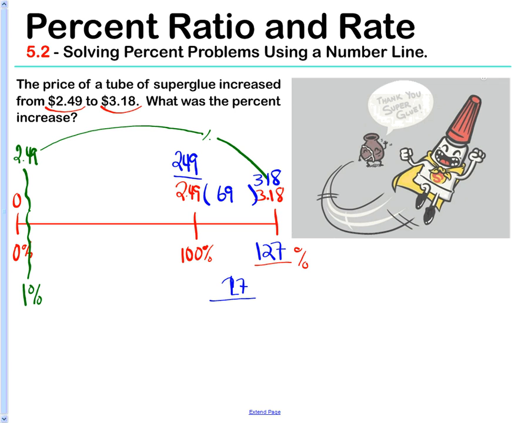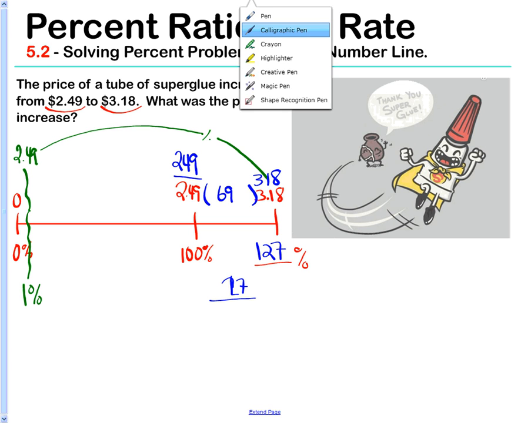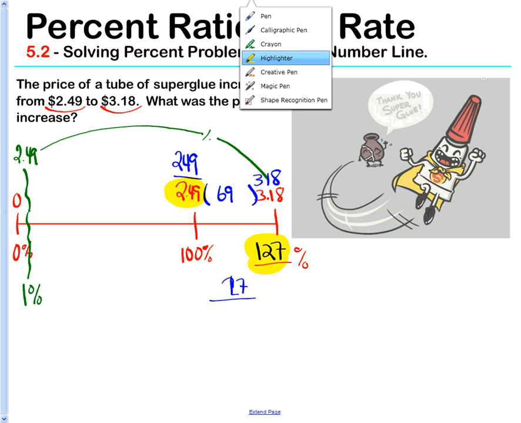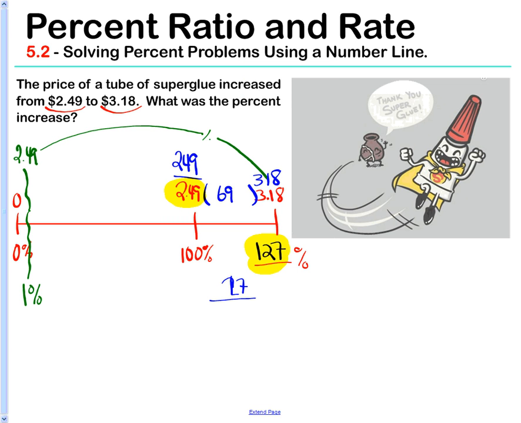Again, we can test our answer here by saying, all right, here I've got my 1% and I've got 127%. If I were to multiply my original number, this 249, by the decimal version of my percent, I should get my answer, represented by the 127%, that being the $3.18.